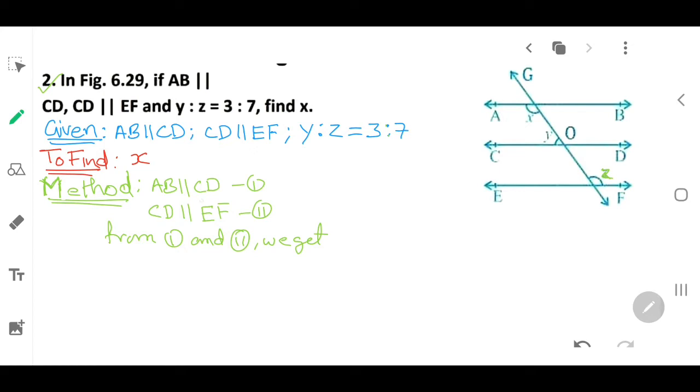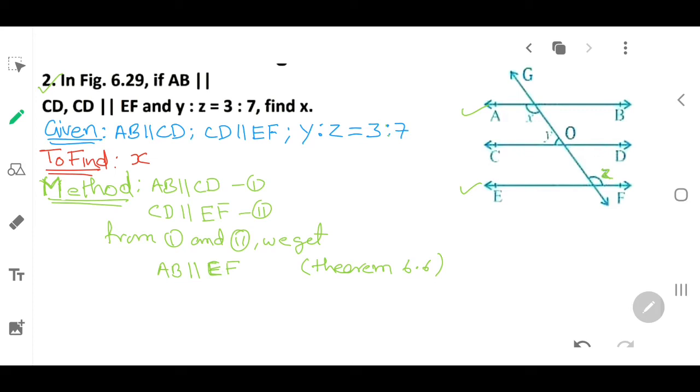Both have CD, correct? So we can cancel and we can write that AB is parallel to EF. So from here we understood that AB and EF are also parallel, correct? So this is about theorem 6.6 that we have already discussed in early classes, correct?